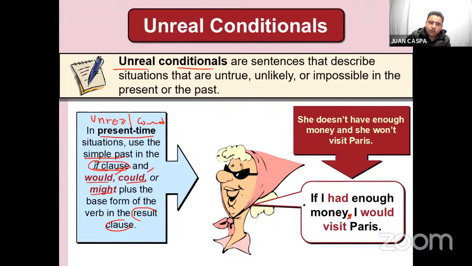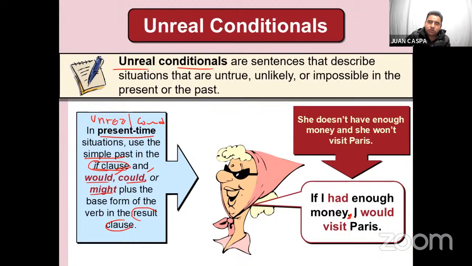So that is the example, right? We are talking about an unreal conditional, simple past, right? If I had, si tuviera suficiente dinero, iría a visitar París. So we use would, could, or might.